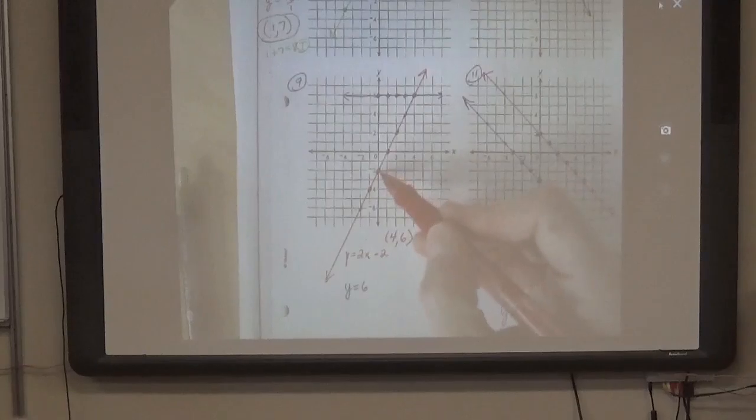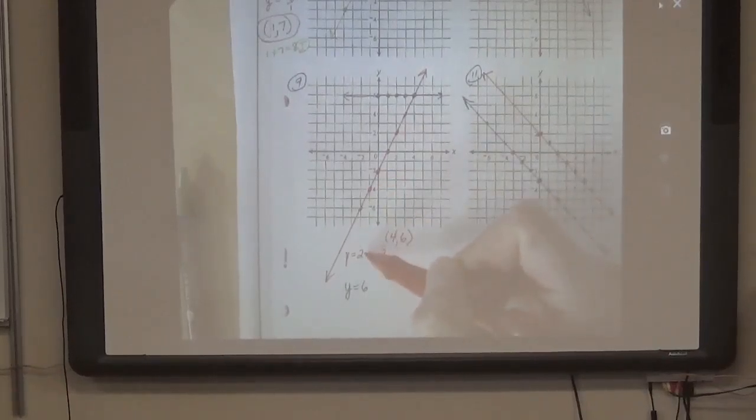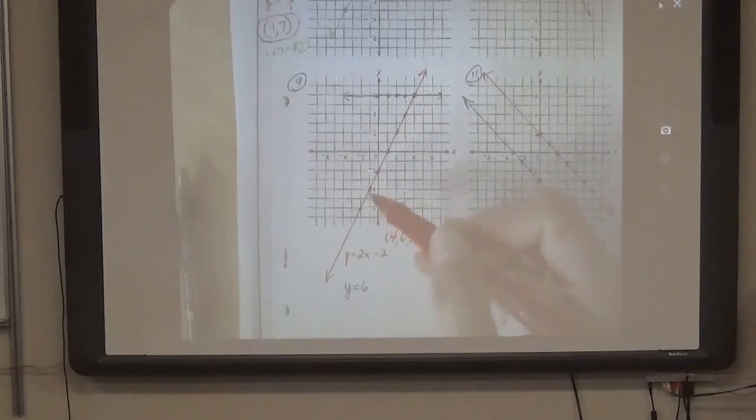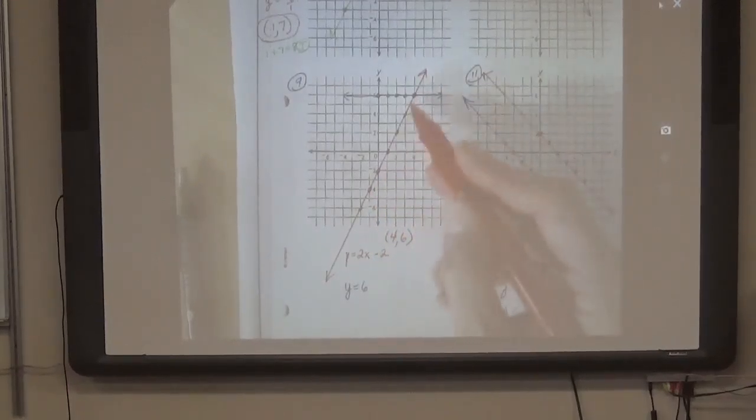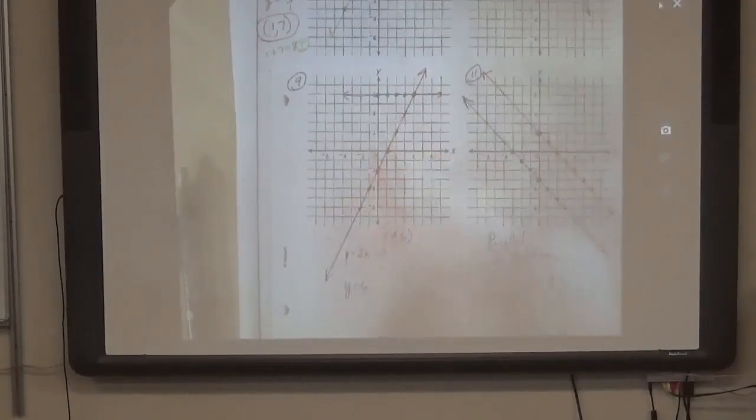So you mark -2, right? And then what's the slope? 2. So you go up 2 over 1. Very good. You go all the way up, and that's where it crosses at 4, 6.